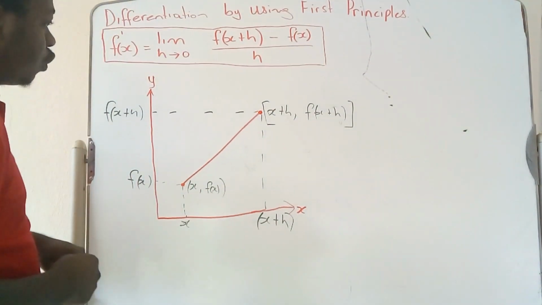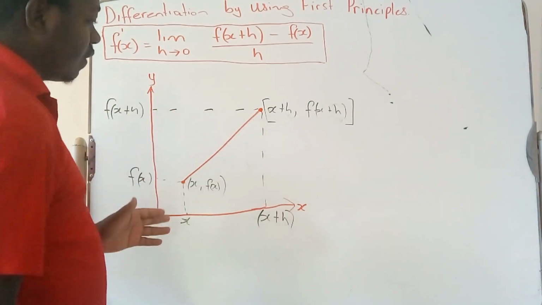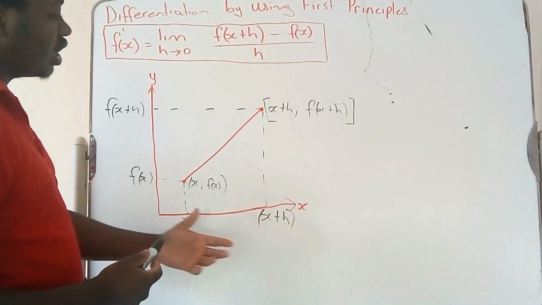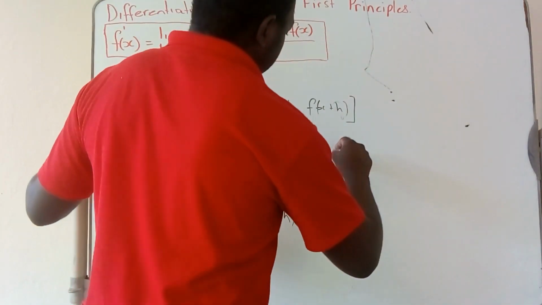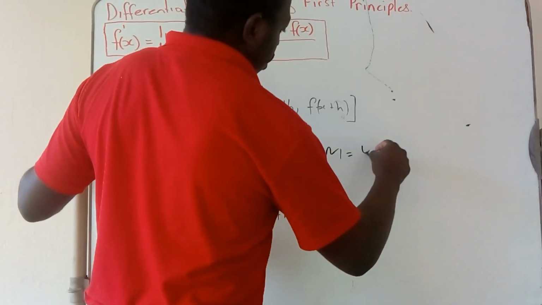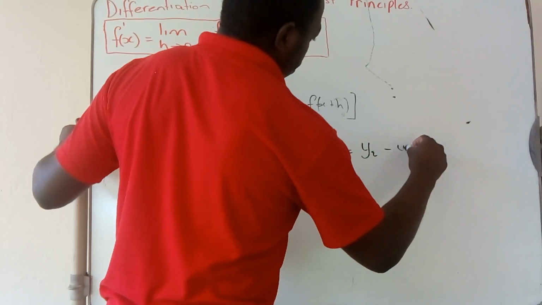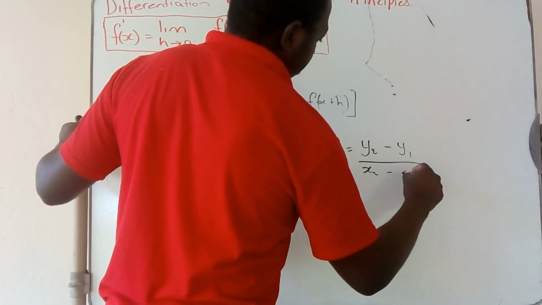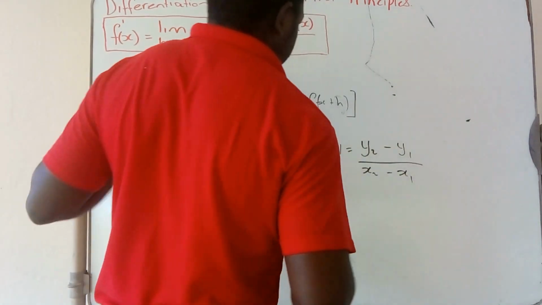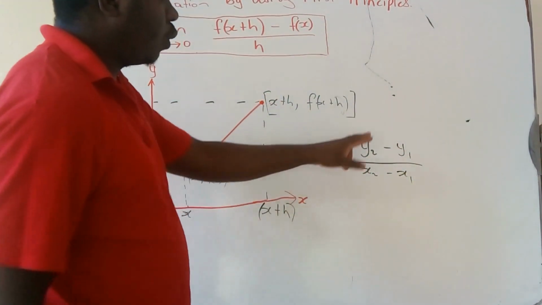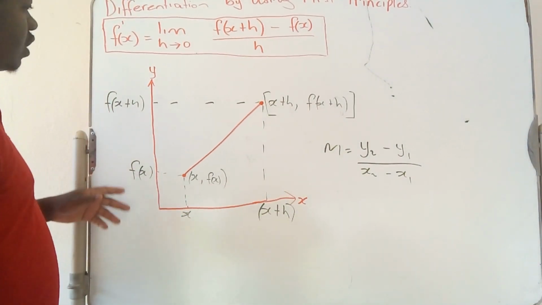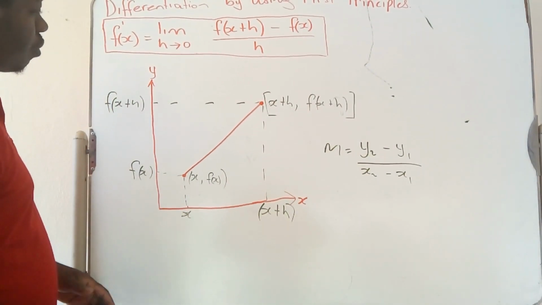Now, how do you calculate the gradient of a line? That's just the change in y over the change in x, right? So we know that m, which is the gradient, is equal to y2 minus y1 all divided by x2 minus x1. That's just the change in y over the change in x, or what you call rise over run, right?